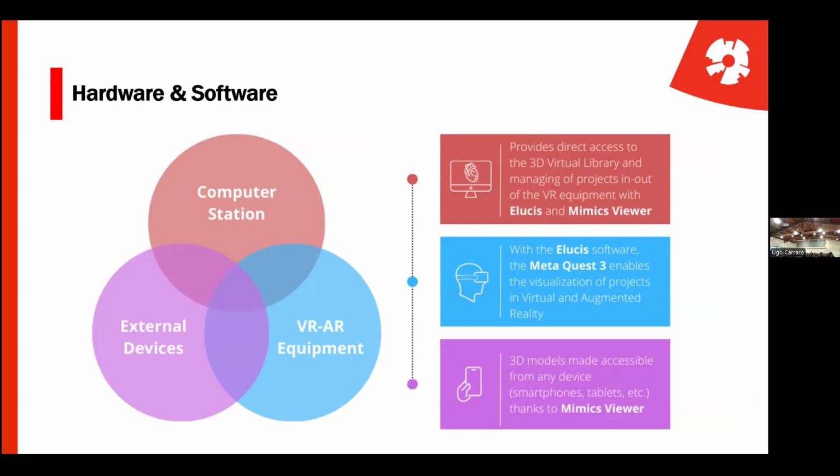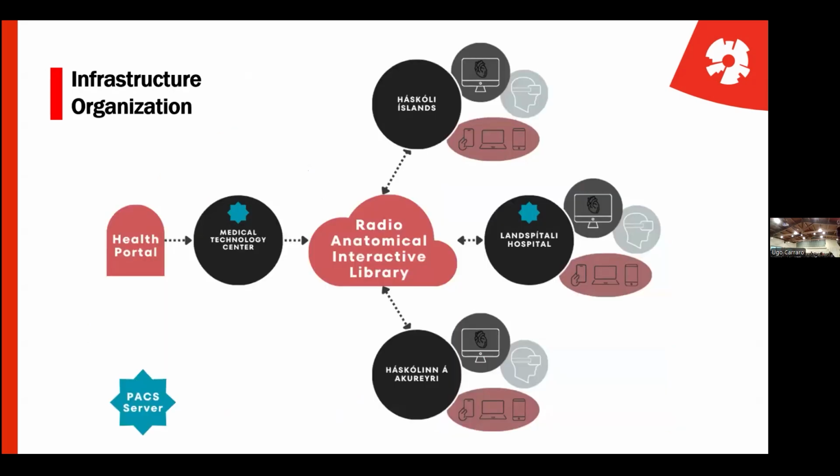Each of the 4 institutions belonging to the project is equipped with a fixed computer station and a dedicated XR headset, and is connected to a cloud that makes the models and the cases accessible from personal devices such as smartphones, laptops, or tablets.